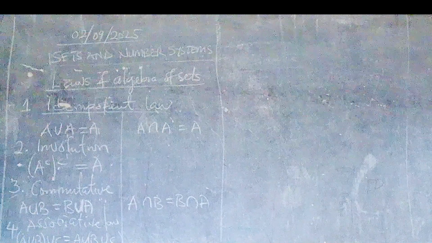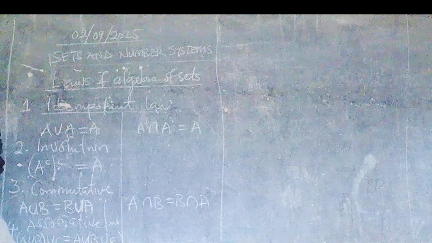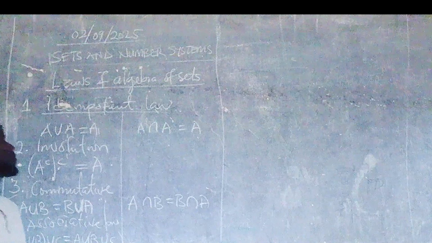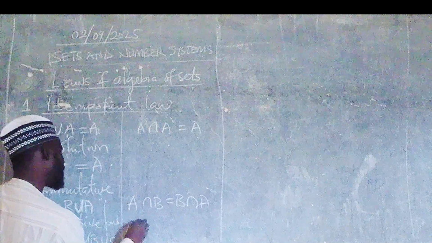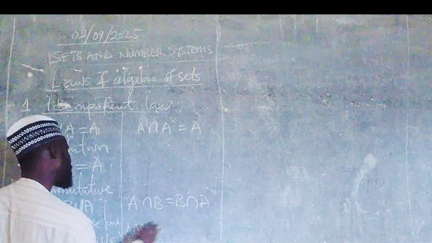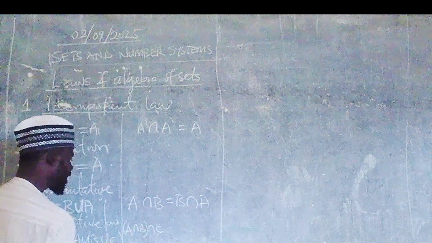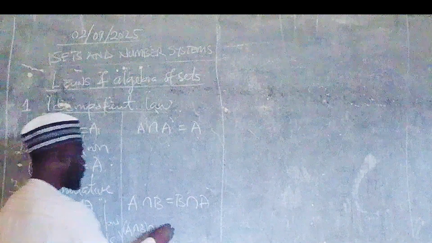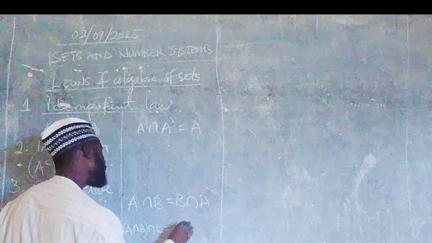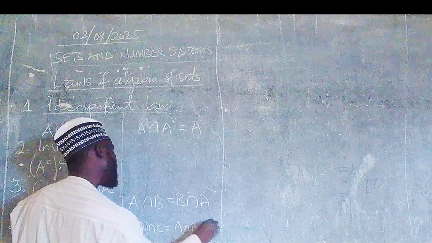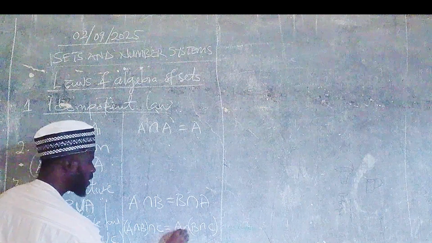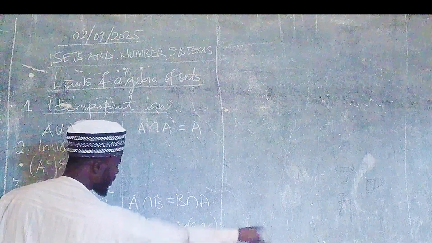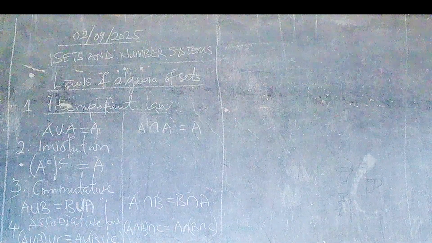Likewise for intersection, if you have A intersection B intersection C, you can start with A intersection B, then intersection C, or you can start with B intersection C, then intersect with A.